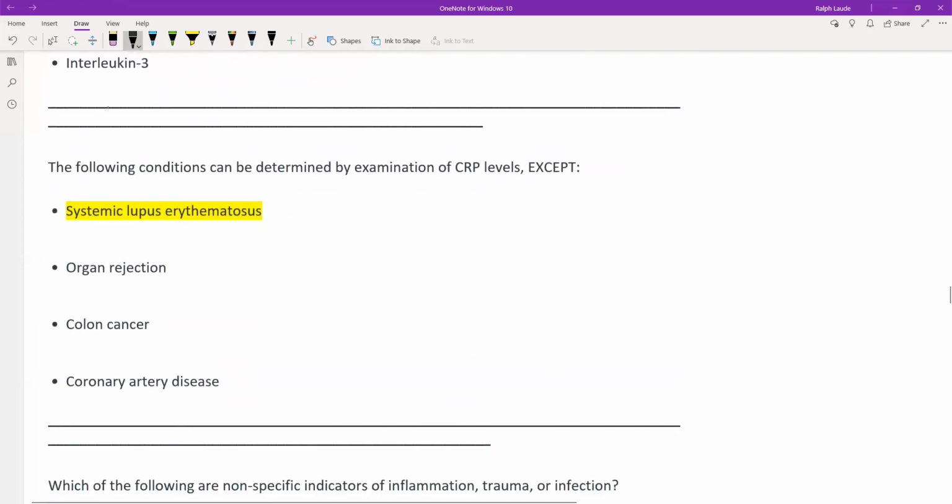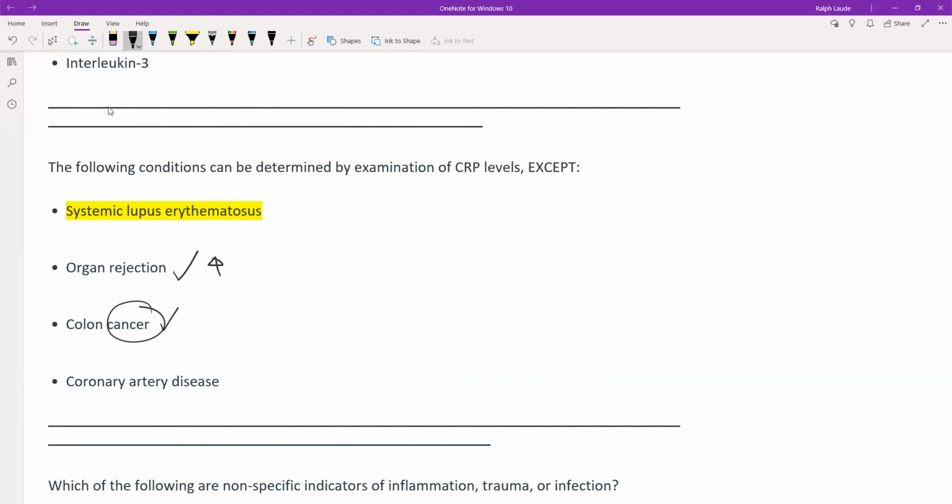So the following conditions can be determined by examination of CRP levels, except organ rejection. Yes, pag increase na CRP, it could be a sign of the beginning of organ rejection to those patients who are being transplanted with organs. Colon cancer, this is malignancy. Increased CRP is actually monitored in order to determine if there is recurrence of malignancy.